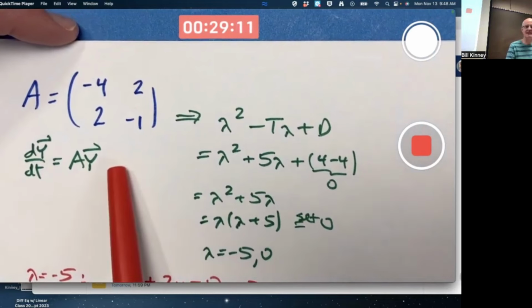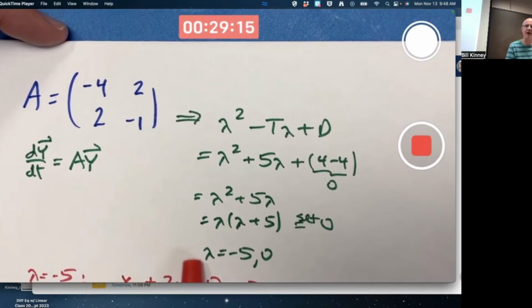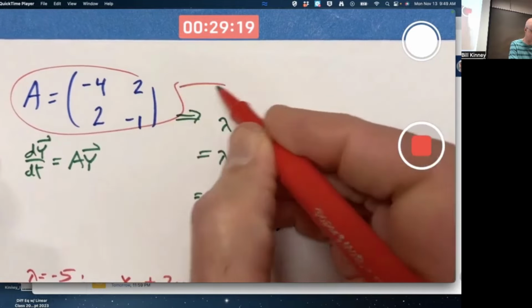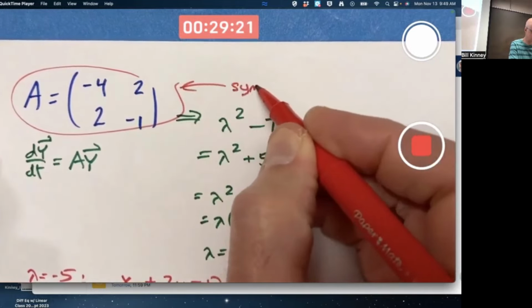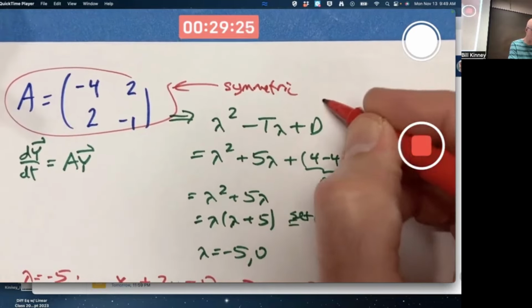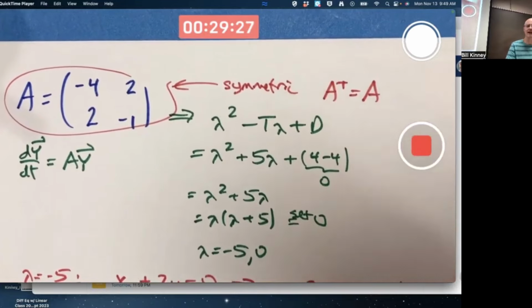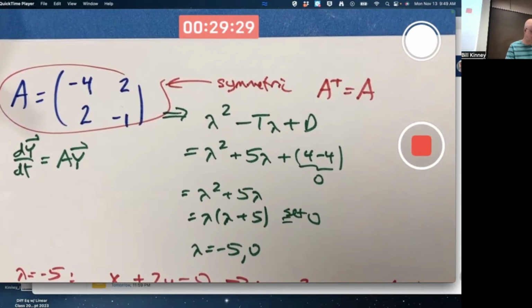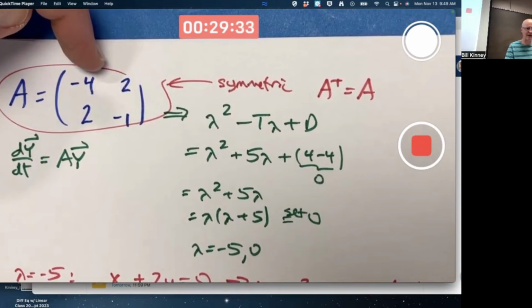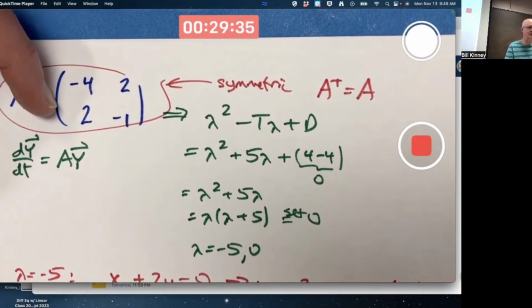Not only does this matrix have 0 as an eigenvalue, so it's special in that way, but it's also what's called a symmetric matrix. Its transpose equals itself. Really? Yeah. Take the first row, make it the first column, you'll get the same first column.